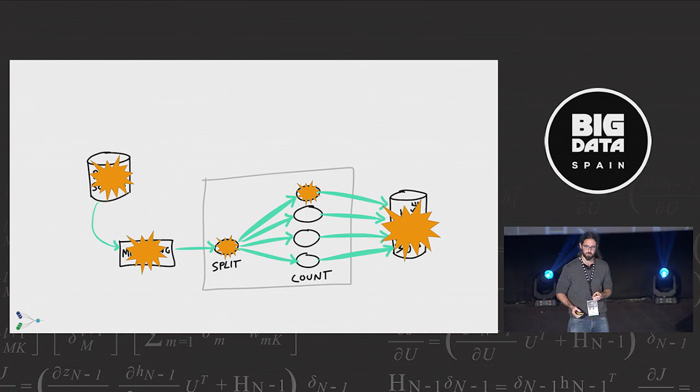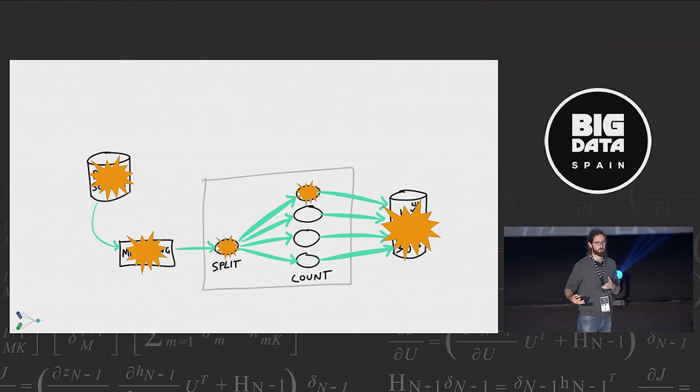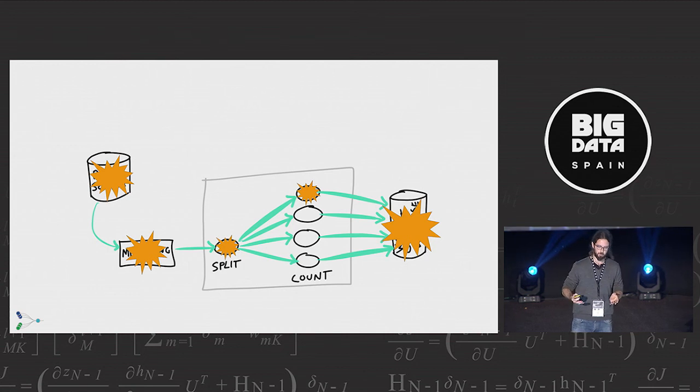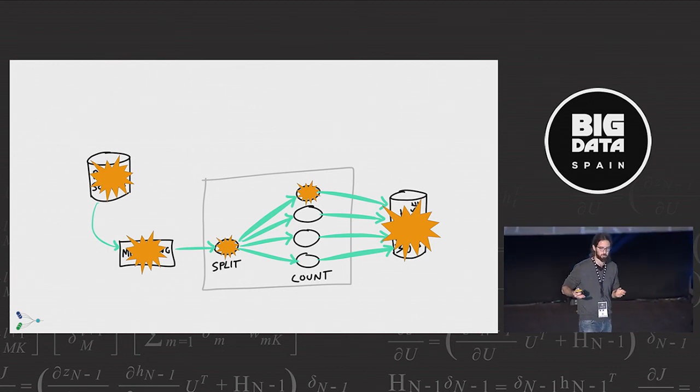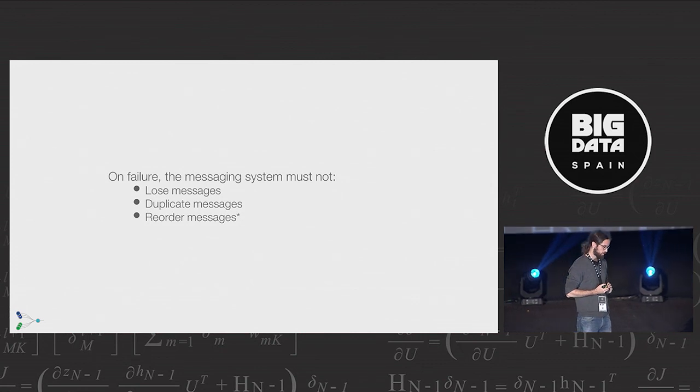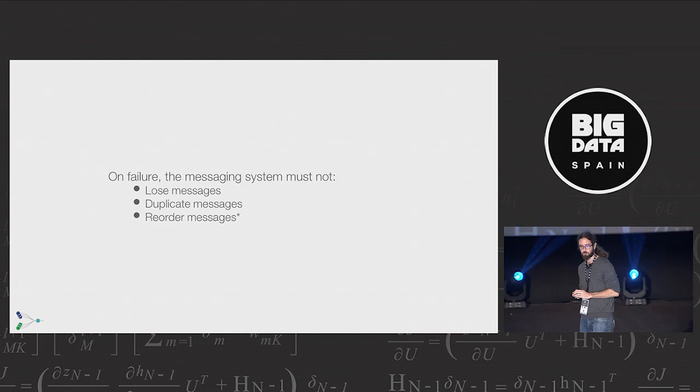And finally, the database where you dump your final results into can fail. However, this is really just a materialization of the data that is already in the count nodes, and if you have effectively once in your stream processing system, you can reconstruct this pretty easily, so I'm not going to discuss the database anymore.